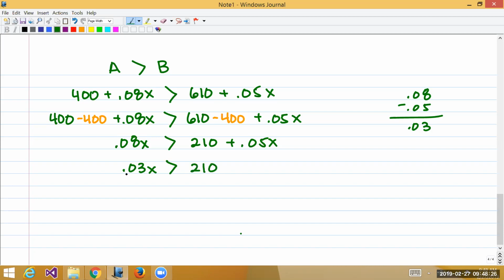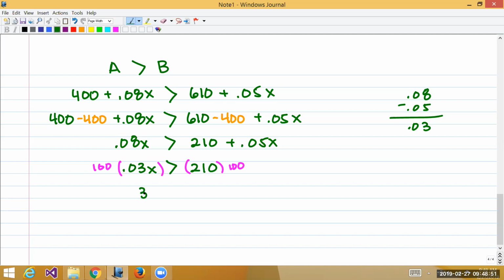We can actually go ahead and get rid of the decimal here to make things a little bit simpler. Remember, to get rid of the decimal, we want to multiply by a power of 10 so that this becomes a whole number. So we need a number that has 2 zeros, right? That'll be 100. So I'll go ahead and multiply the left side by 100 and maintain the balance by multiplying the right side by 100.